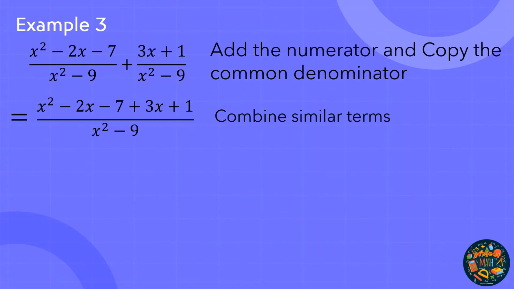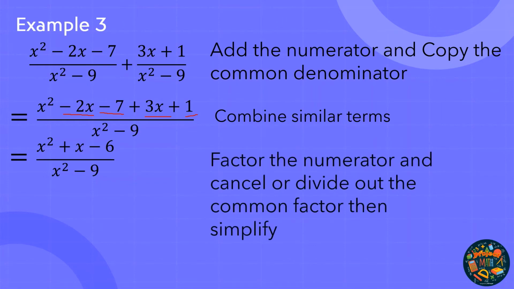So, we are going to combine negative 2x and positive 3x. So, negative 2x plus 3x is equal to positive x. Then, combine negative 7 and positive 1. So, negative 7 plus 1 is equivalent to negative 6. So, the expression will now be x squared plus x minus 6 over x squared minus 9. Okay, then factor the numerator, if possible.